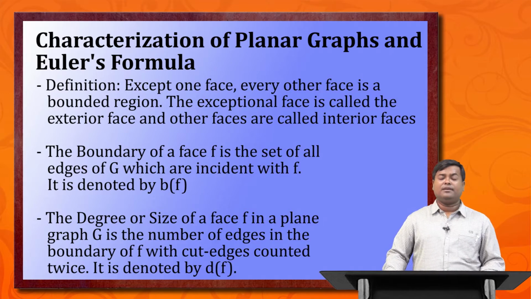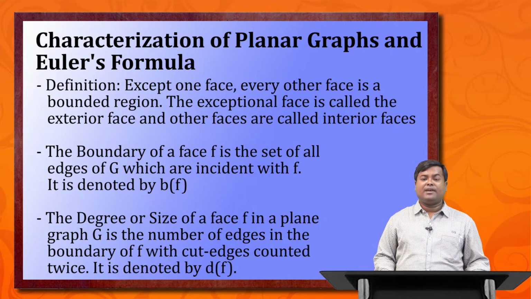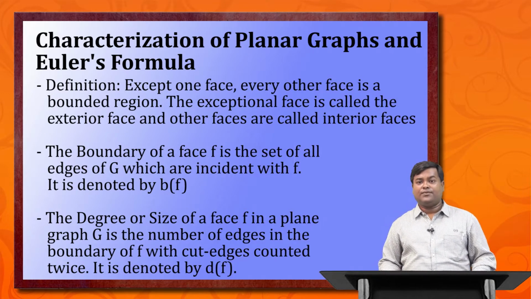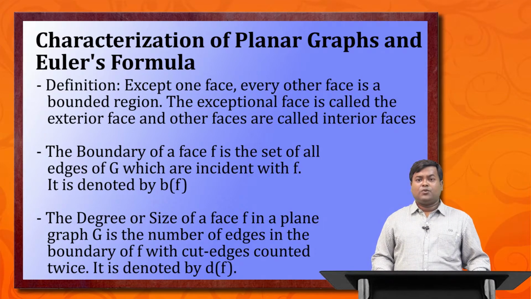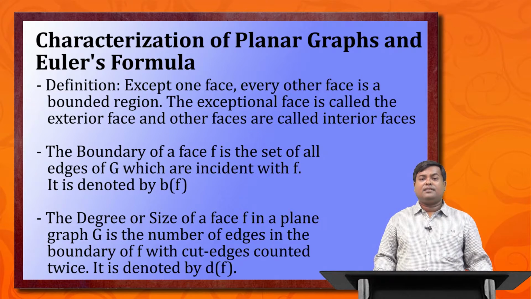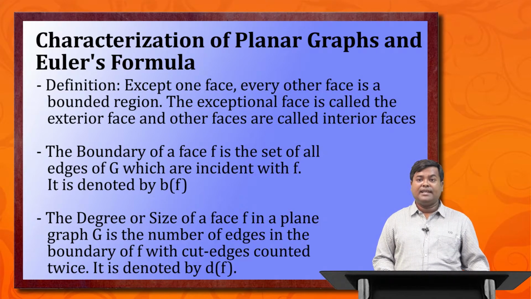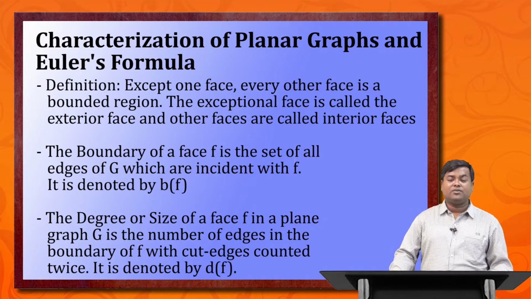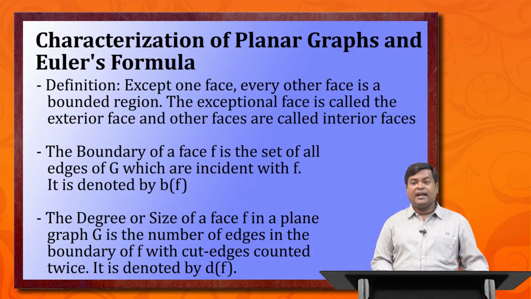Now I will give an example and explain what cut edges are. We can also define degree in a slightly different way. Here we have defined degree as the number of edges inside the boundary, and if there is any cut edge we need to count it twice, and that count gives us the degree or size of the face.